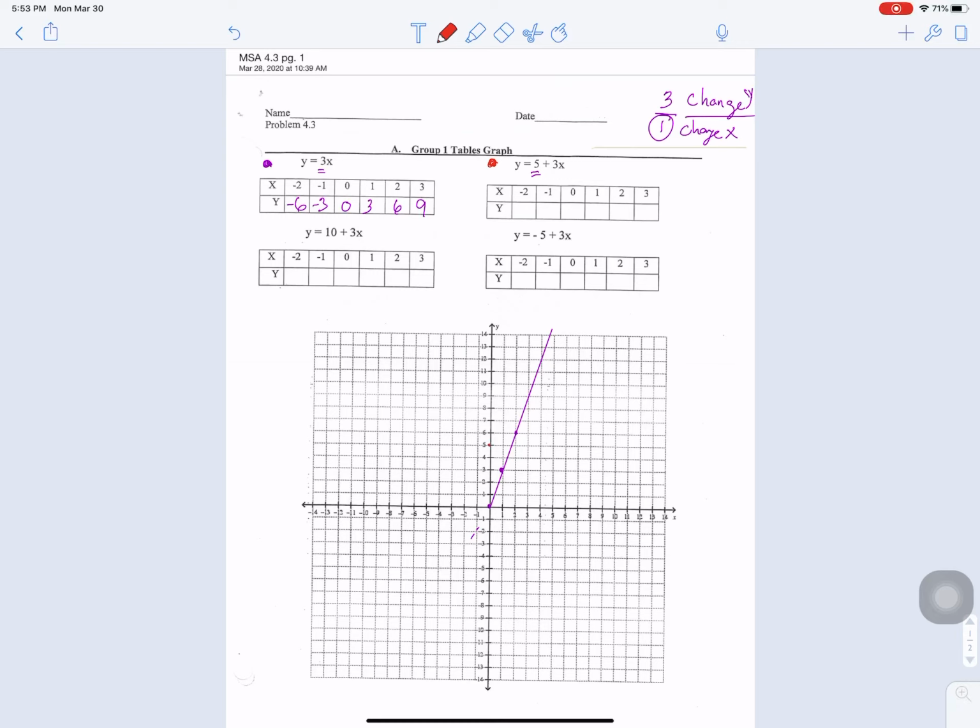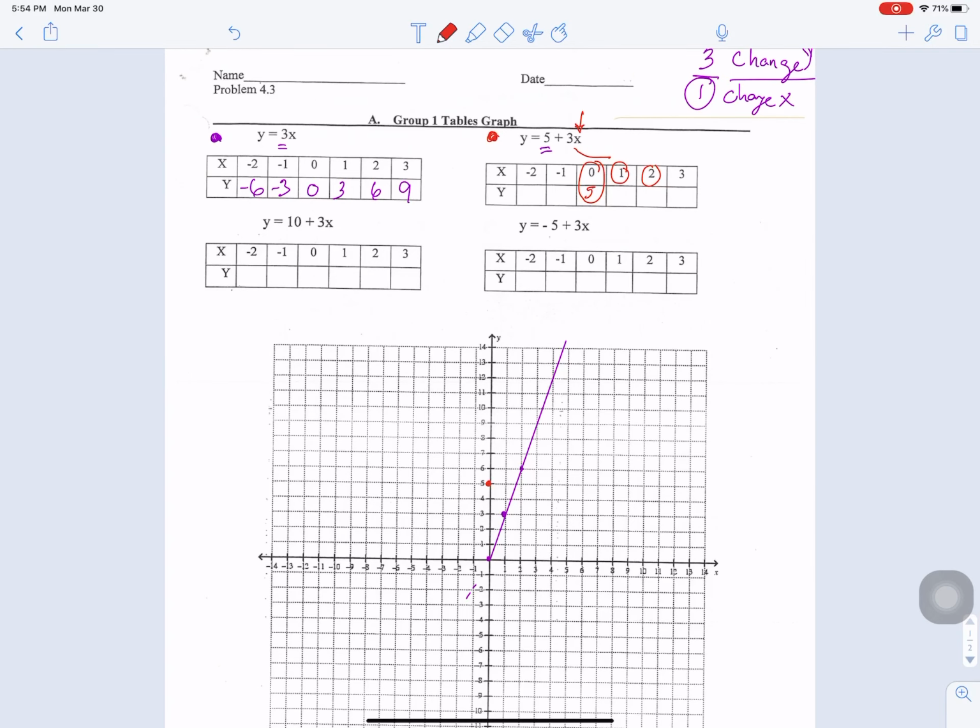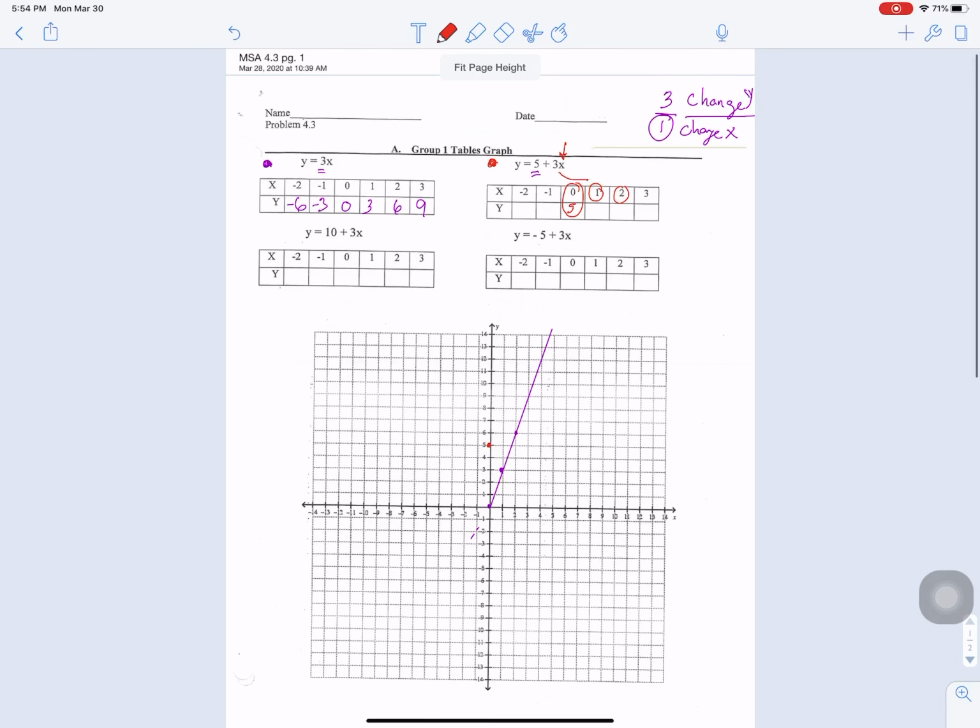It's going to start at 5, because if x was 0 right here, y would be, well, 3 times 0 is 0, plus 5 is 5. And if x was 1, 1 times 3 is 3. Just always imagine putting that number right next to the 3, right up there. Okay. So in this case, it would be 8.